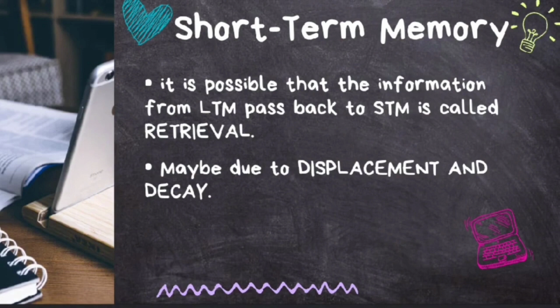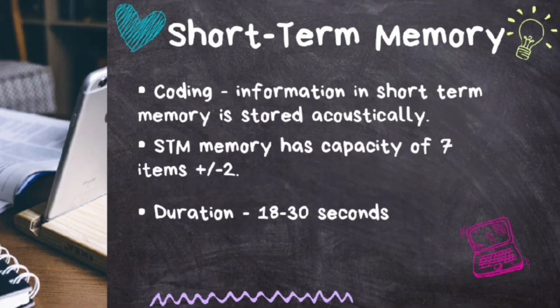Coding. The information in short-term memory is stored acoustically. Basically, it means that when we are remembering something, we repeat it over and over again in our head with an inner voice. Capacity. It is suggested that this is small, approximately 7 items plus or minus 2, or 5 to 9, and this can be improved by chunking, making small sets or groups of items.